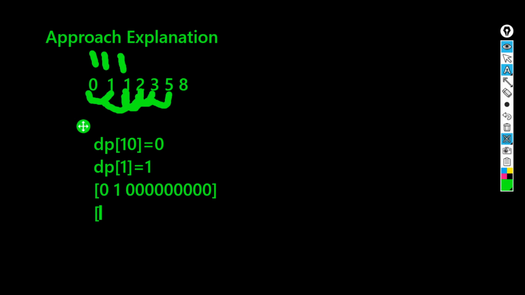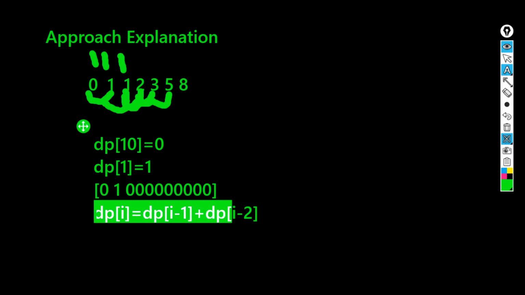Now for the next element, what do we have to do? We add these two, so it will become 1. So the formula is dp[i] equals dp[i minus 1] plus dp[i minus 2]. This is how we calculate the current index in the Fibonacci case, and using this we can create the Fibonacci series using DP.